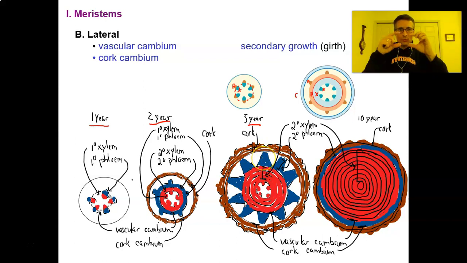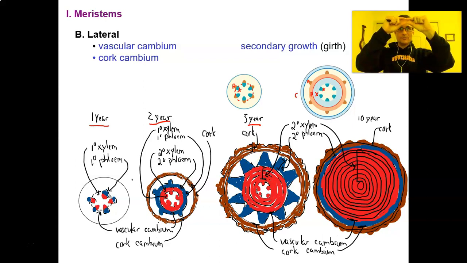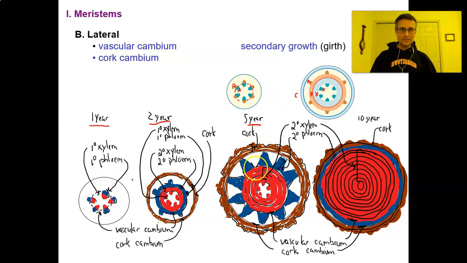As we've added more and more xylem rings, we've pushed our phloem further and further out, which means we've pushed our phloem apart. And so instead of our secondary phloem being connected, it has ripped apart into these little bits. And then the next year, our region of phloem here ripped into these 2 bits down here, and so on. And so this is giving us the pyramid shape that we see.